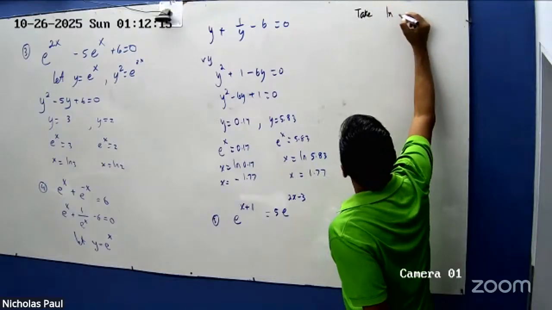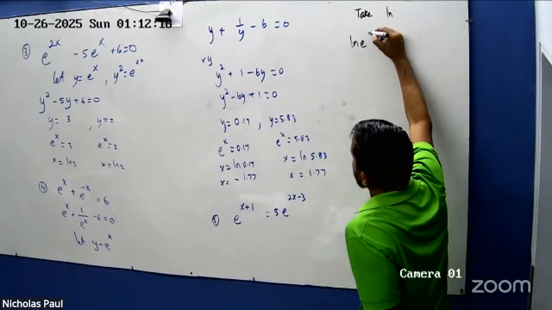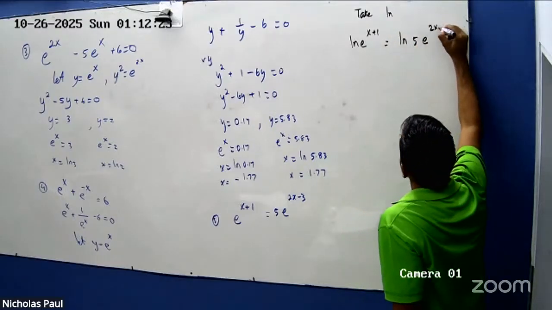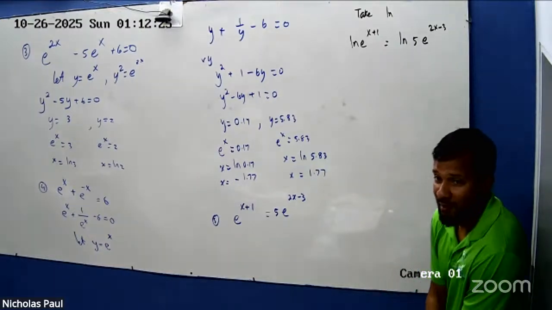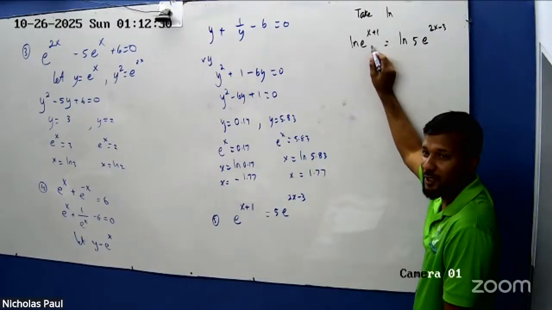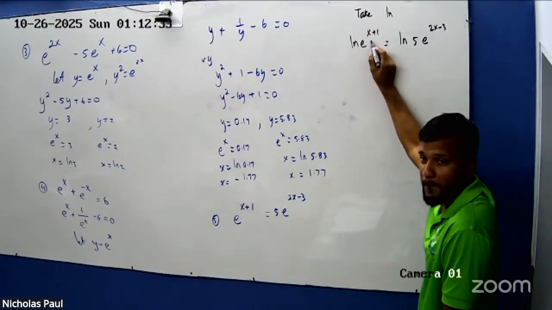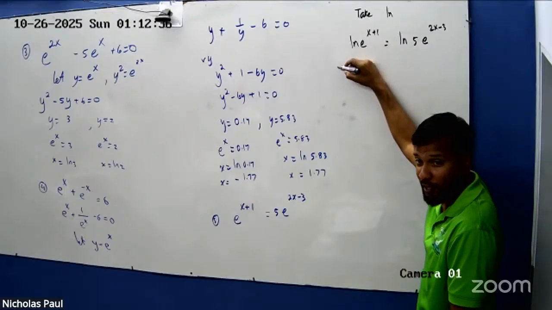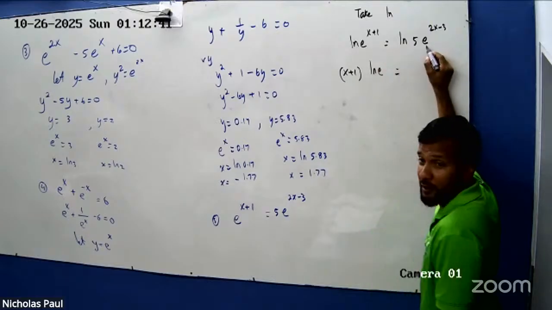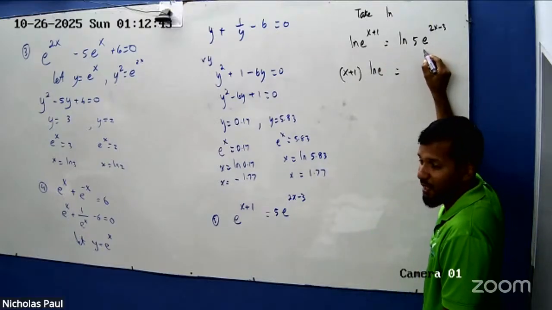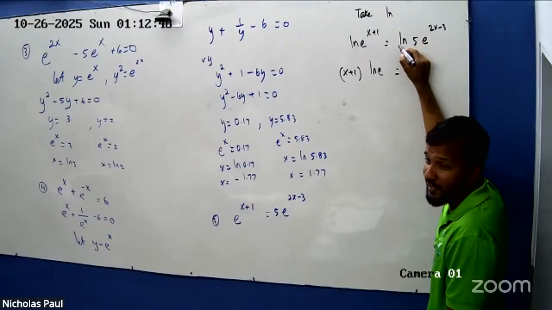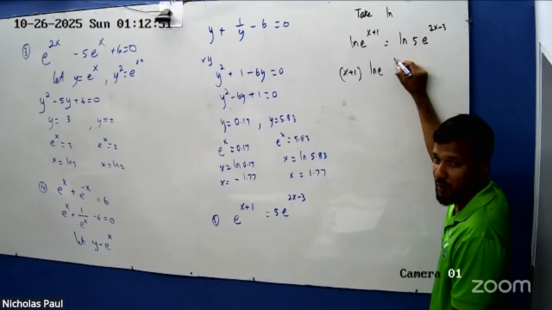So you're going to take ln on both sides, right? So you'll get ln e to the x plus 1, ln 5e to the 2x minus 3. We have a little problem there. I can bring x plus 1 in front of ln e, right? But I have a little problem here, that's 5. Can you bring 5 outside? Nope. And this is multiplication.